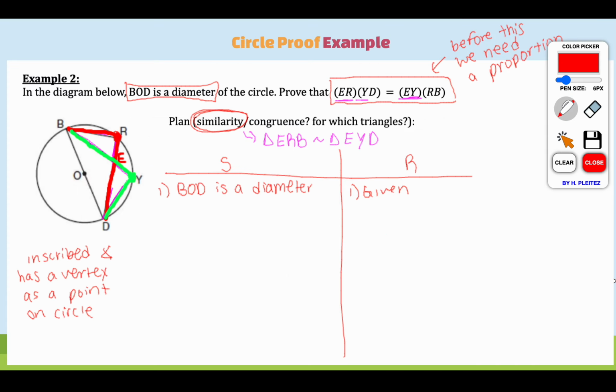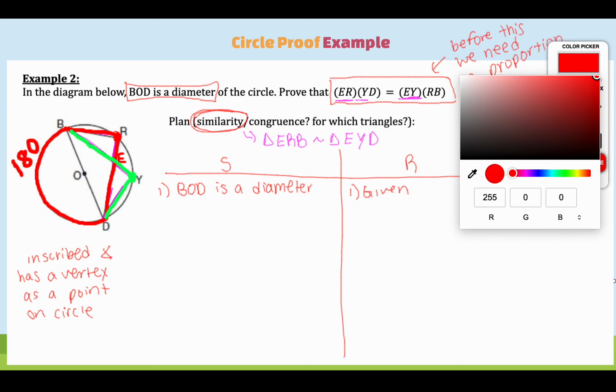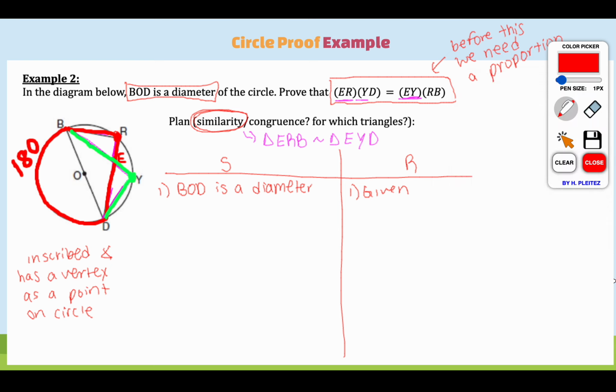Another way to think about this is when you have a diameter, that diameter is splitting the circle into two parts, so this arc is going to be 180 degrees, which is half of the circle. That means both of those inscribed angles are going to be 90 degrees. They're going to be right angles, right? So 2, angle BRD and angle BYD are right angles.